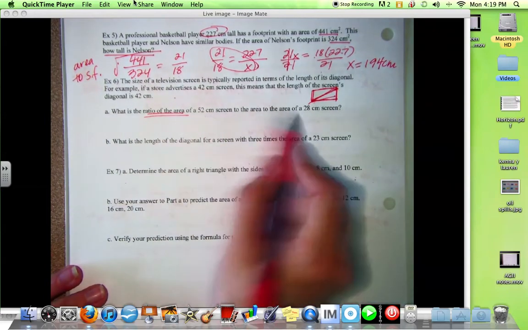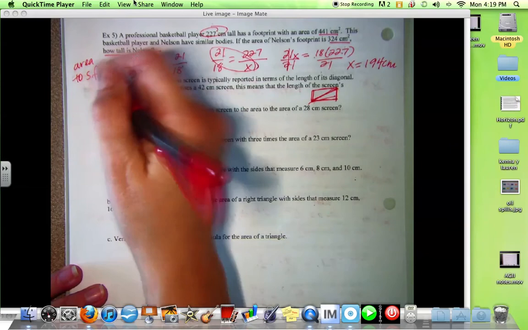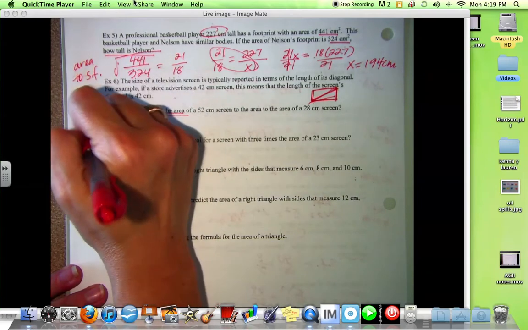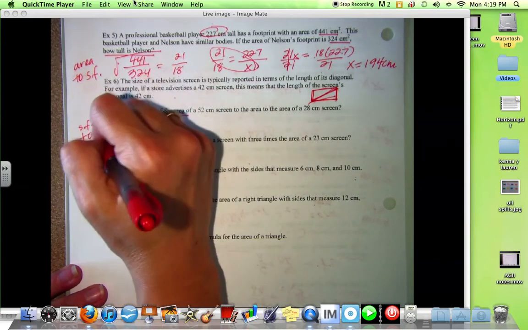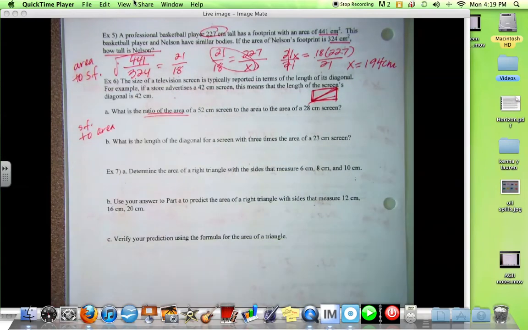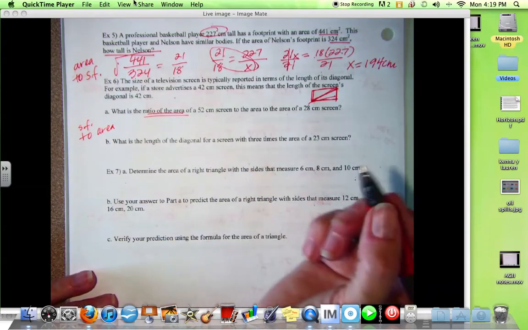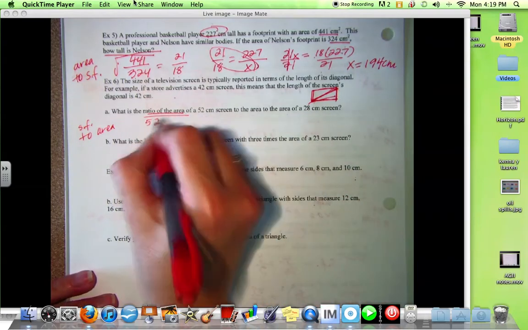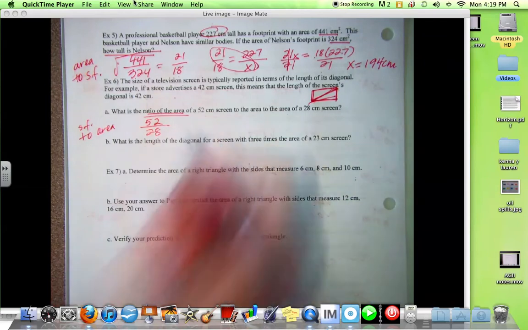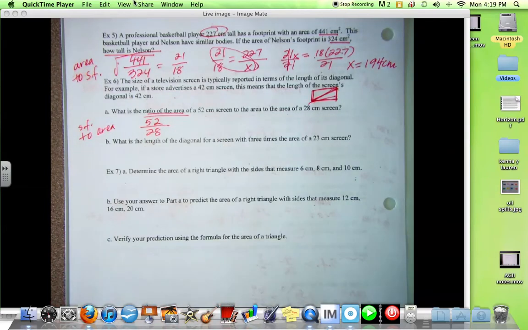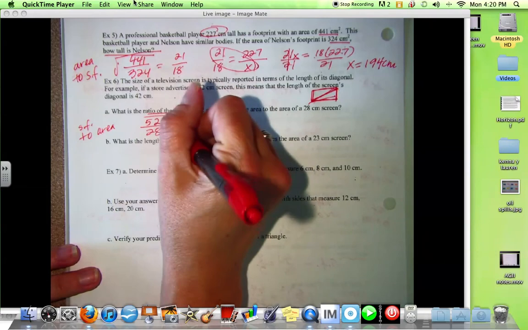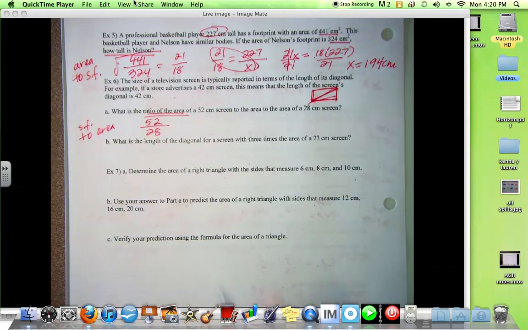So we can take scale factor. So we're doing scale factor to area. We have 52 over 28. You could reduce it if you wanted to, but we don't have to.